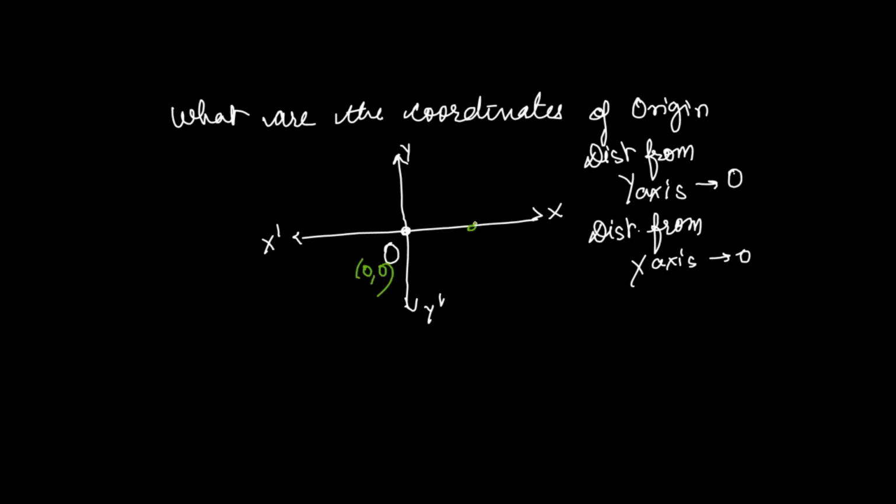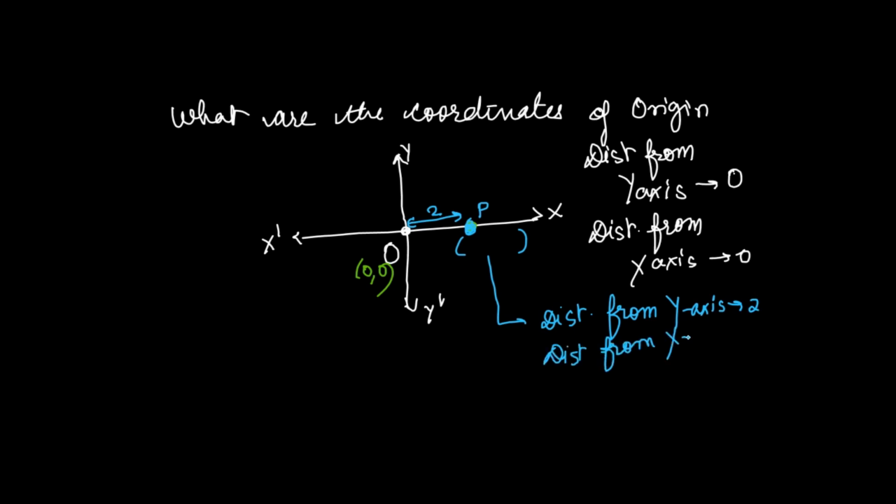If I have a point P here, let us find out the coordinates of this point. Suppose this distance is, say, 2 units. So for point P, the distance from the y-axis is 2 units, and it is lying on the x-axis itself, so its distance from the x-axis is 0.